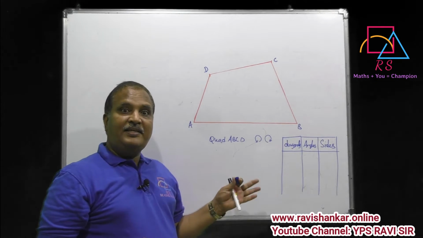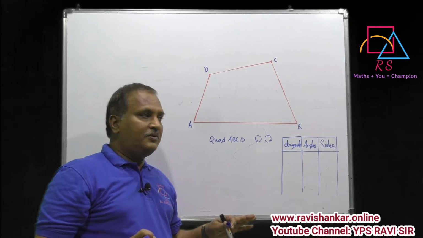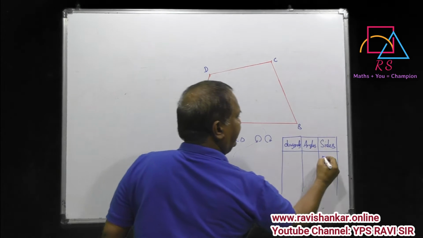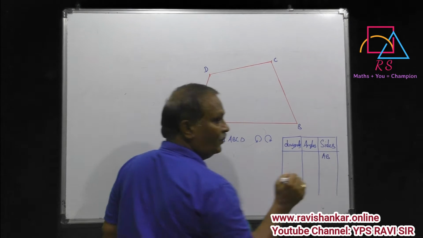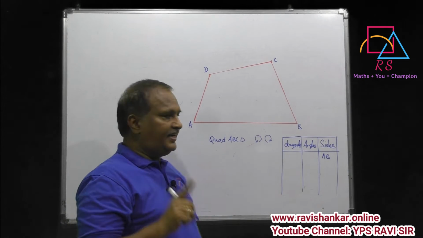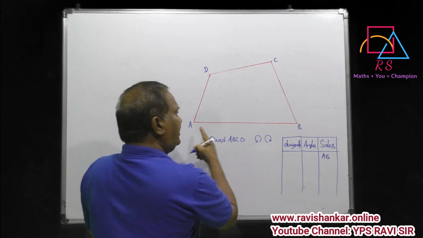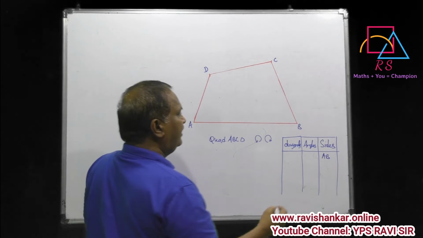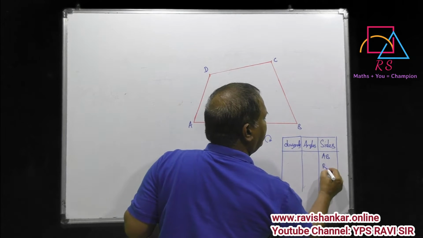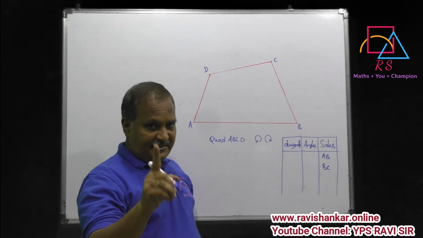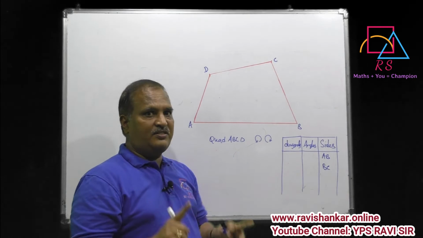Now let us see how to write the sides. AB is a side, so you should always use two letters, and AB is one side. You can write AB or BA, both are okay. Now BC is one more side. A side always should be with two letters.